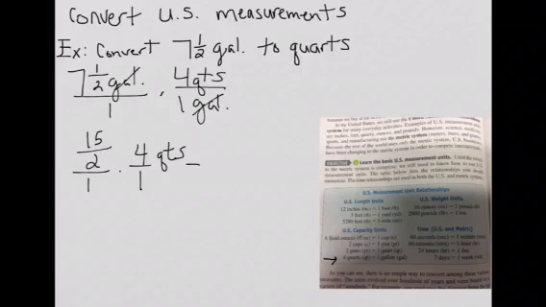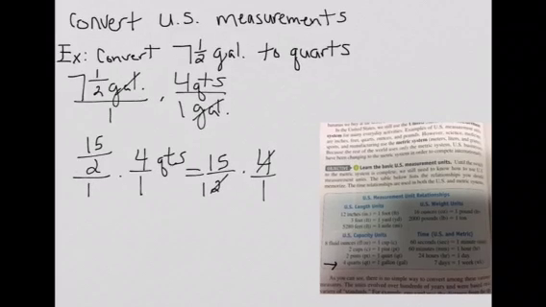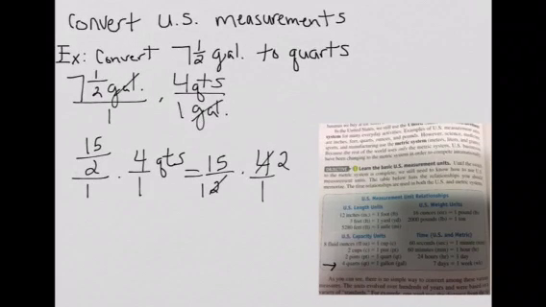Now if we multiply this together, we have 15 over 2 times 4 over 1, and when we multiply that, we can cross simplify. 2 becomes 1, 4 just becomes 2. And so what we're left with is just 15 times 2, which gives me 30. And now remember, my units were quarts, so we're left with 30 quarts, which is equal to 7.5 gallons.